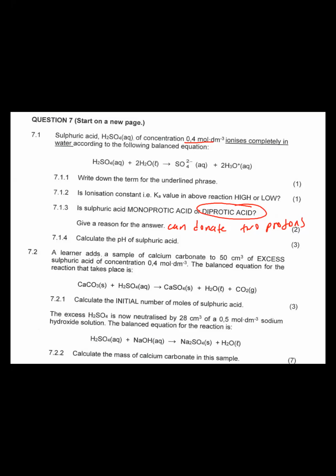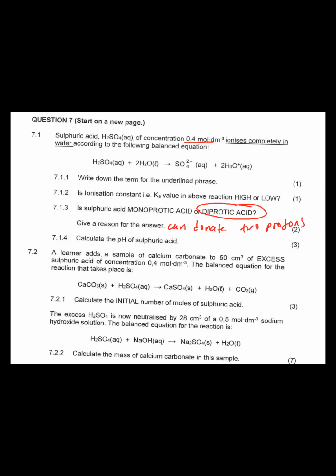The concentration of H3O+ is equal to twice the concentration of H2SO4. You must always remember, as long as it's a diprotic acid, it will have that character. If it's a monoprotic acid, of course, the concentration of the two will be equal.